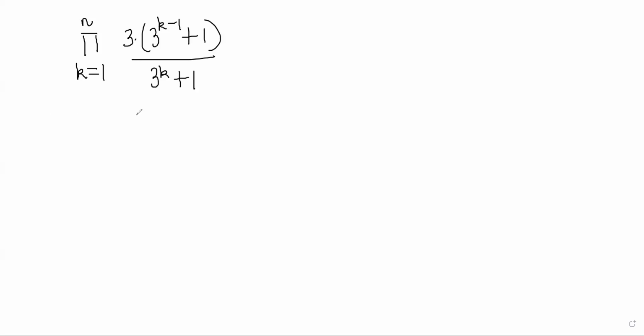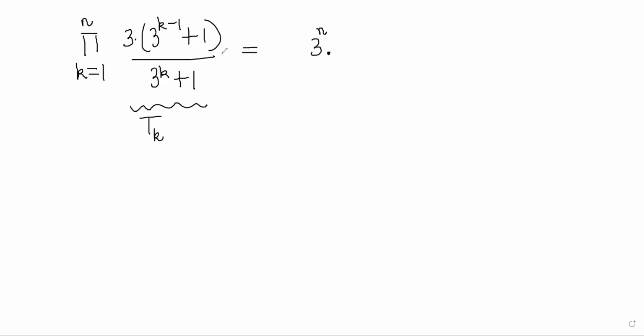You have product from k goes from 1 to n, 3 into 3 power k minus 1 plus 1 divided by 3 power k plus 1. This was the tk for us, right? And there were k goes from 1 to n. Right now, I'm trying to find the product of n such brackets. So what happens here, the 3 is being repeated n times, so that will become a 3 power n.